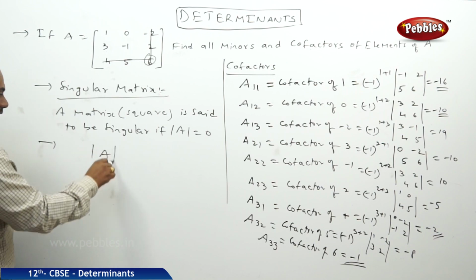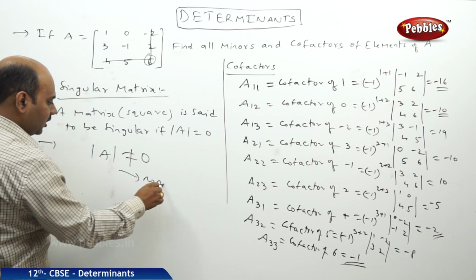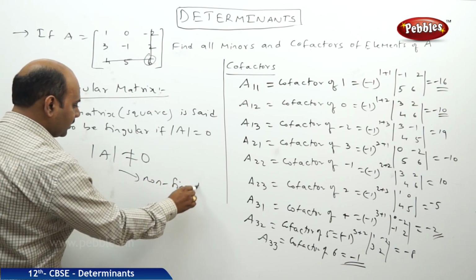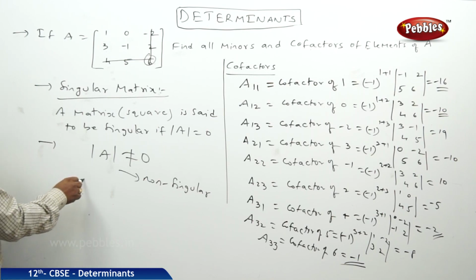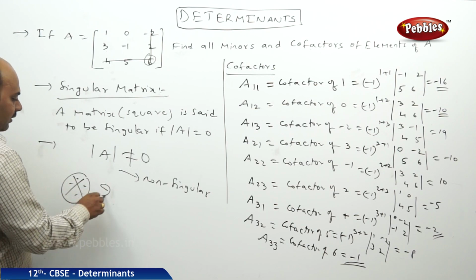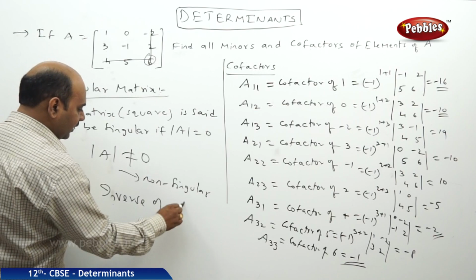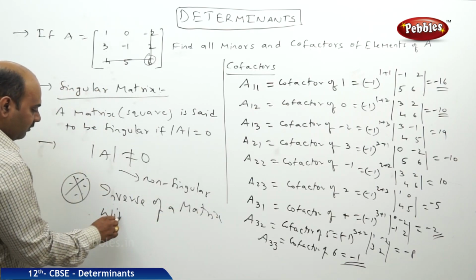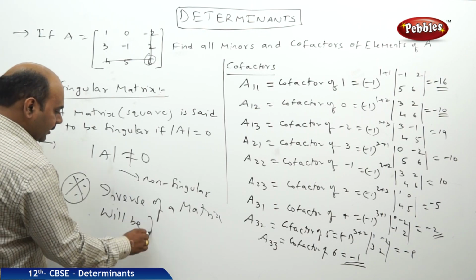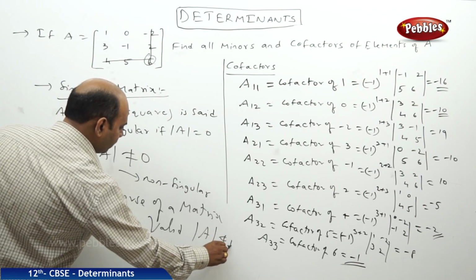Remember, a square matrix is said to be singular if determinant of A equals 0. If suppose determinant of A is not equal to 0, then we can call that matrix a non-singular matrix. So one final conclusion, what can I arrive at? The inverse of a matrix will be valid provided determinant of A is not equal to 0.